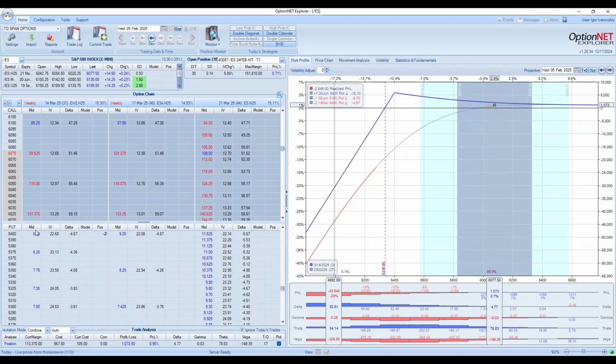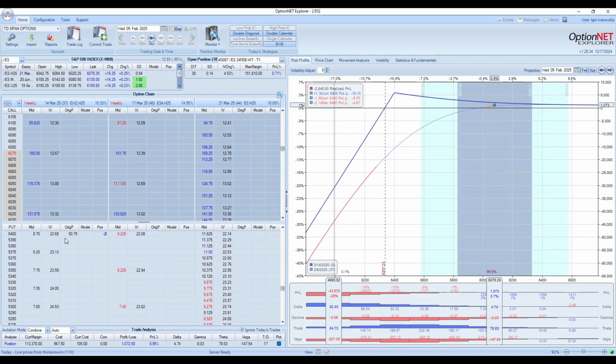The 5,400 put, remember, I sold that put for $50.75. I bought the old put for 48 and change, and I sold this one for $50.75. It's been 23 days since that adjustment, and now this put is worth $8.